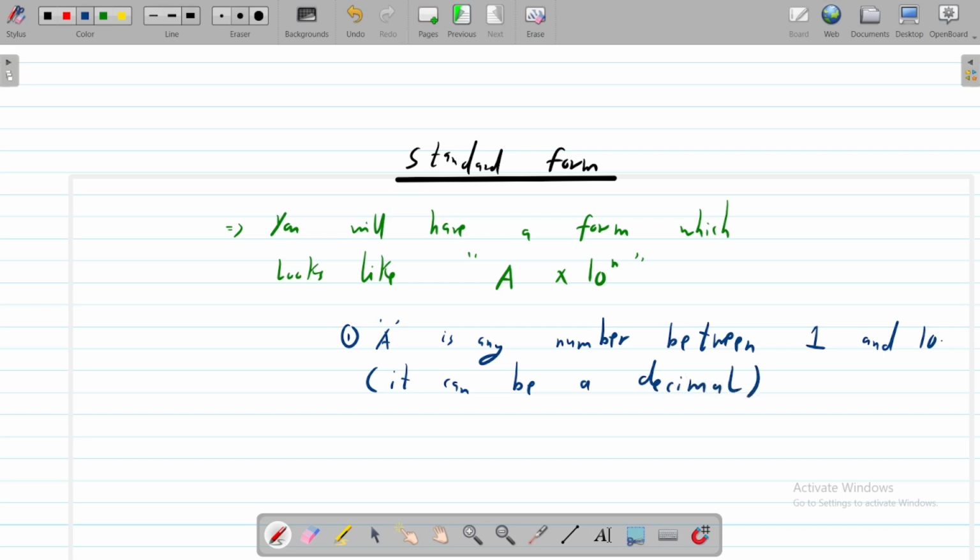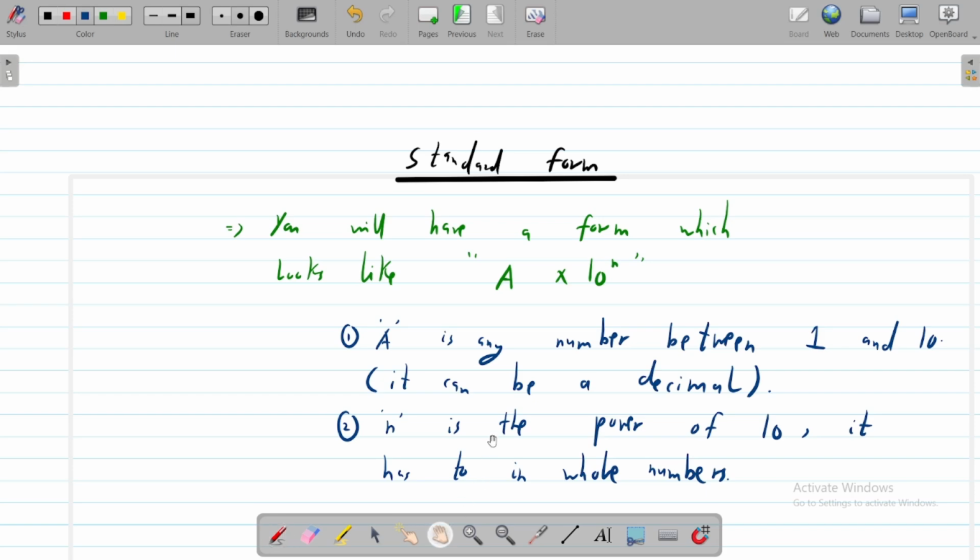Then, secondly, n is the power of 10. It has has to be whole numbers.